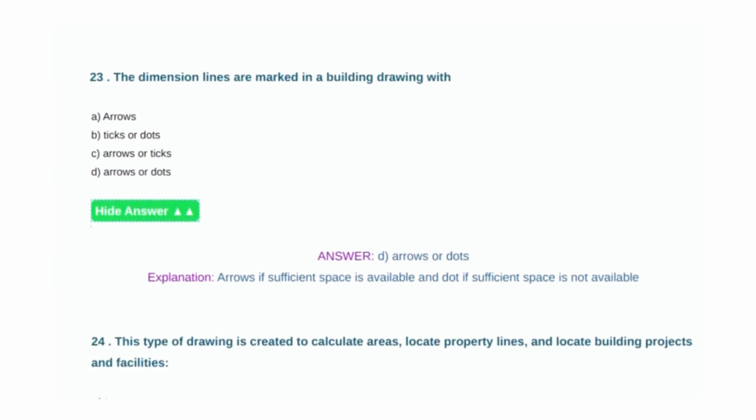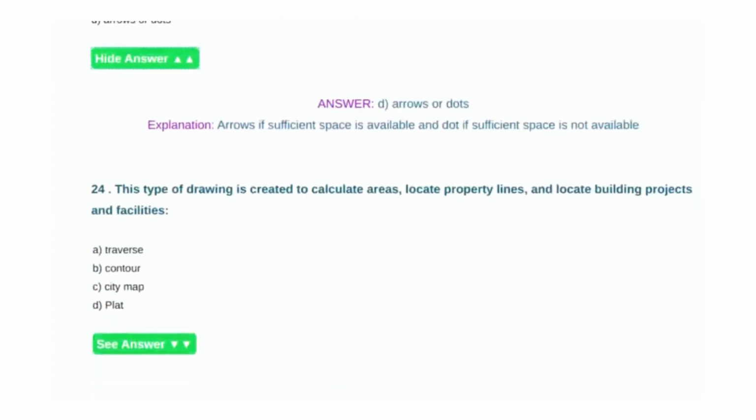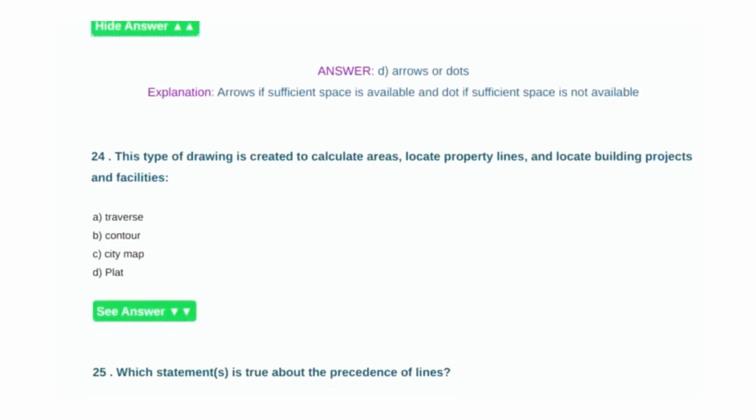This type of drawing is created to calculate areas, locate property lines, locate building projects and facilities. Options: traverse drawing, contour, city map, plat.